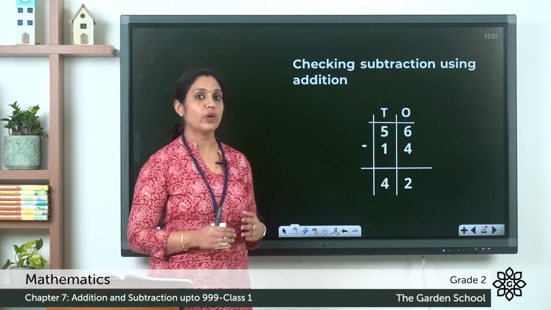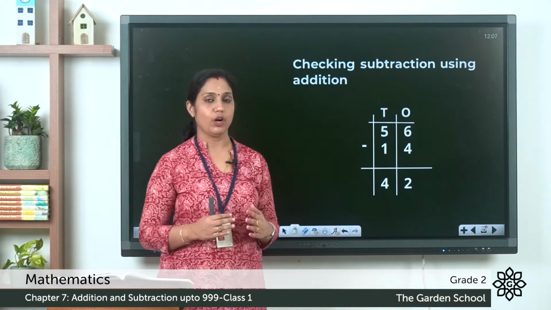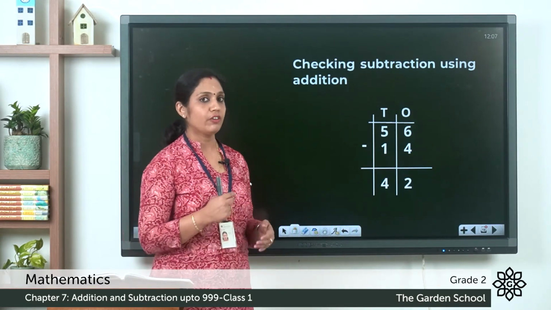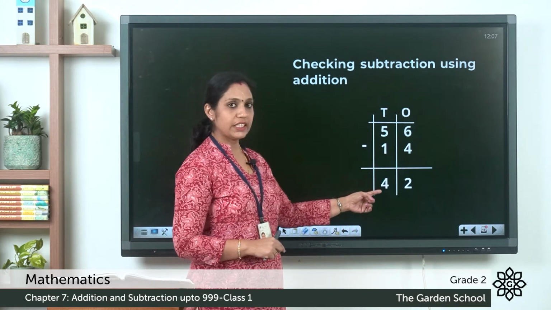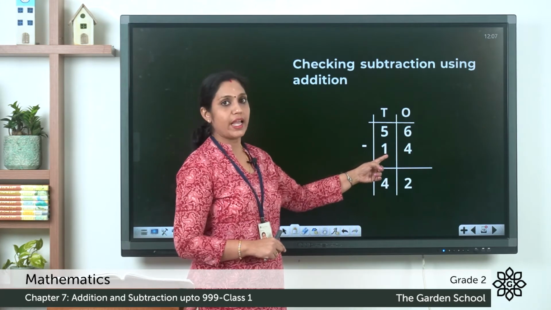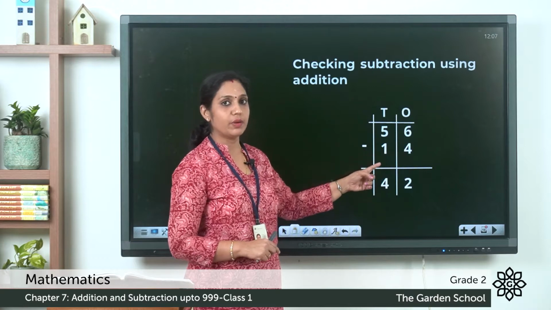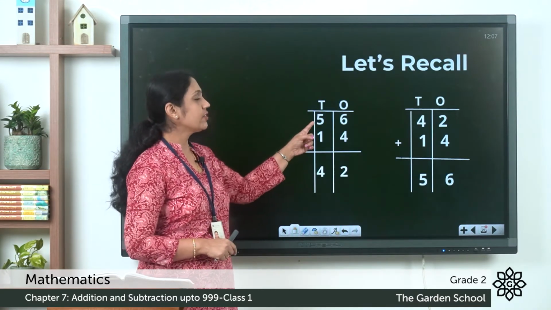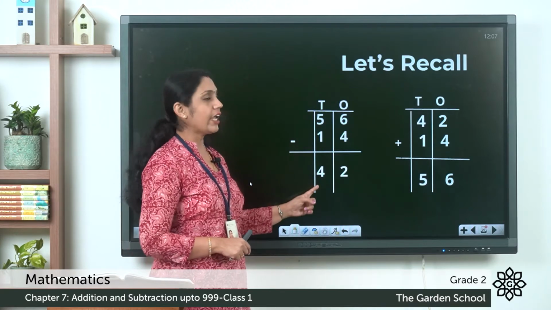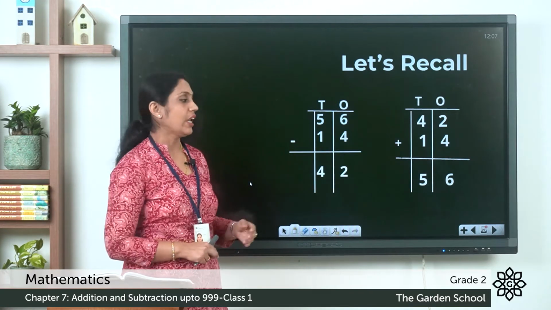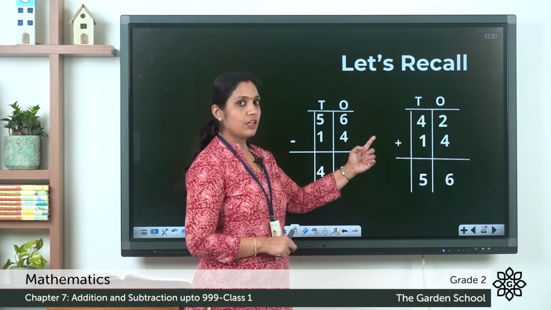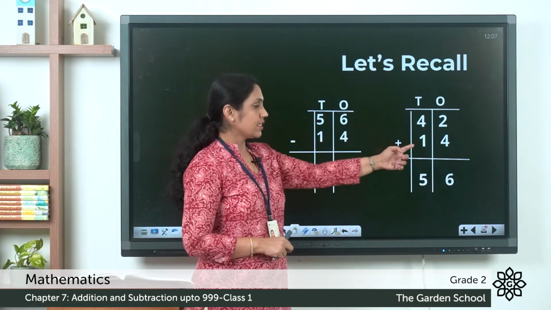Now we have to check whether the answer 42 that we got is correct or not. For checking that, what should we do? We have to add the difference plus the subtrahend, and when we add these two numbers we have to get the minuend. We did 56 minus 14 and got the answer 42. Now the difference is 42. 42 plus 14, that is the subtrahend.